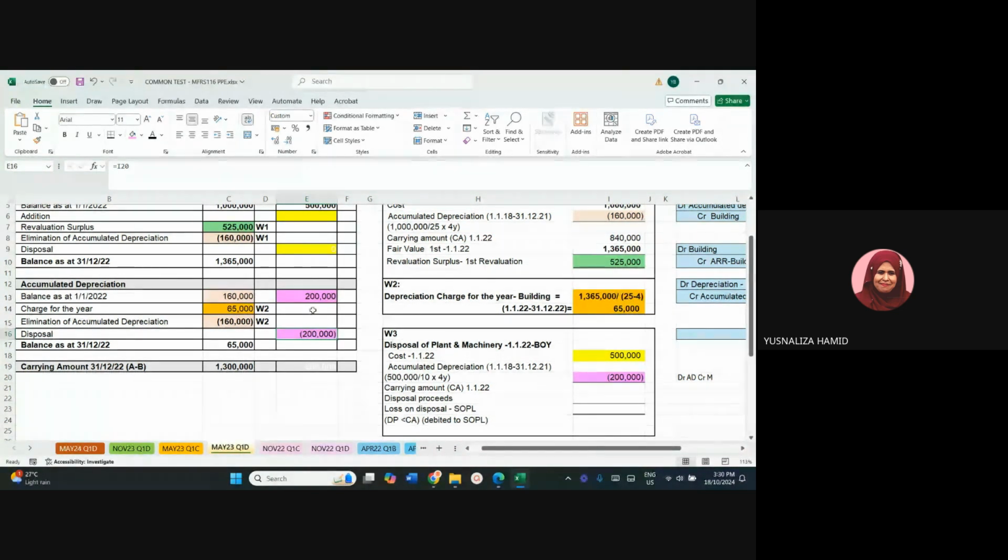And for the charge for the year, there is no charge for the year. Why no charge for the year? Because all asset was removed or was derecognized at the beginning of the year. So therefore, there is no depreciation at all for this asset since it was disposed at the beginning of the year. So let me just do the working here.